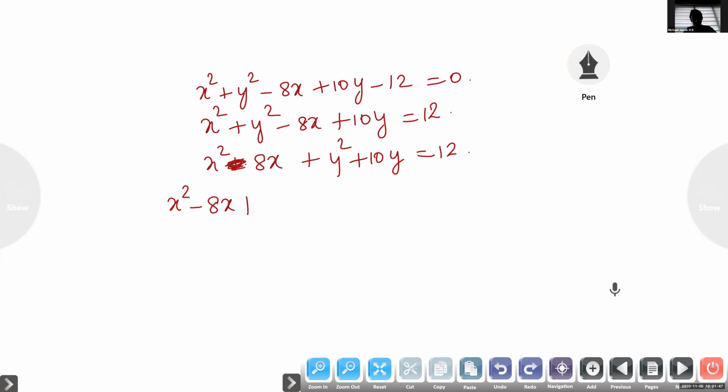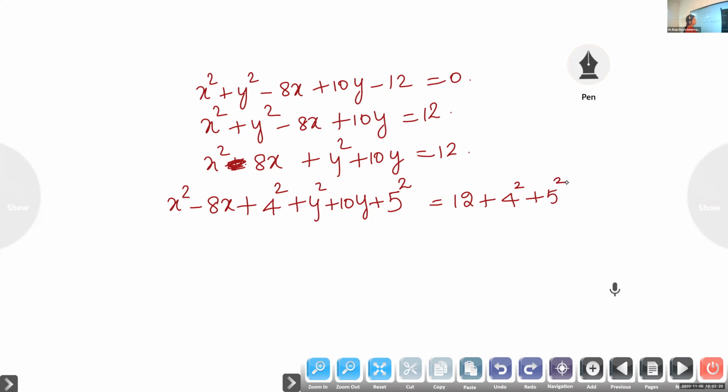So, plus 4 square, you add it on both the sides. Similarly, take the y term. Y square plus 10y. What is the coefficient of y? 5. So, we have to add 5 square, half the coefficient of y, on both the sides.